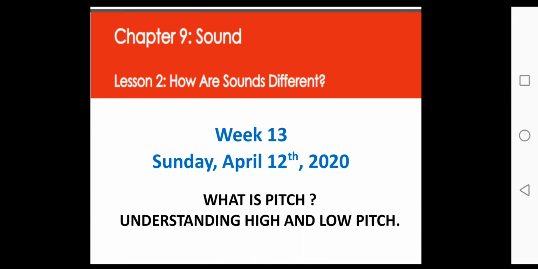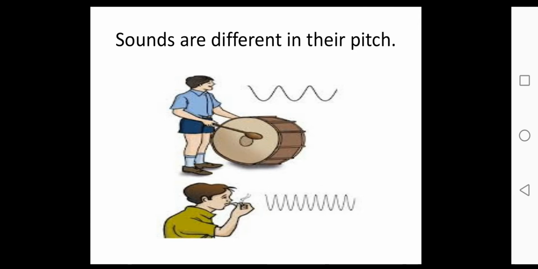Let's see. We already said last time that sounds are different, so we hear different sounds, okay? And we also said that these sounds are different in vibrating. So the vibration of these sounds is different, right?